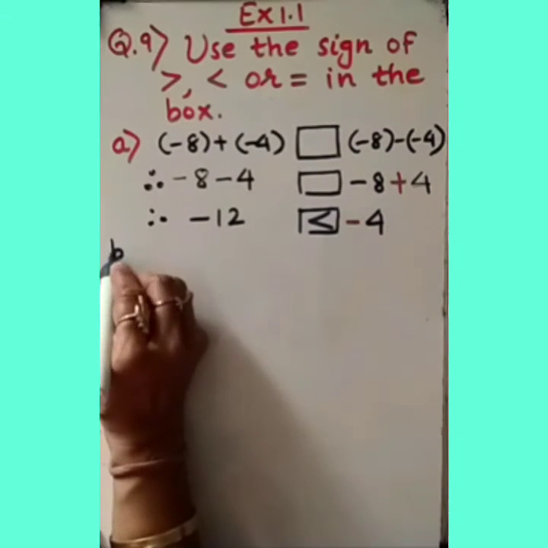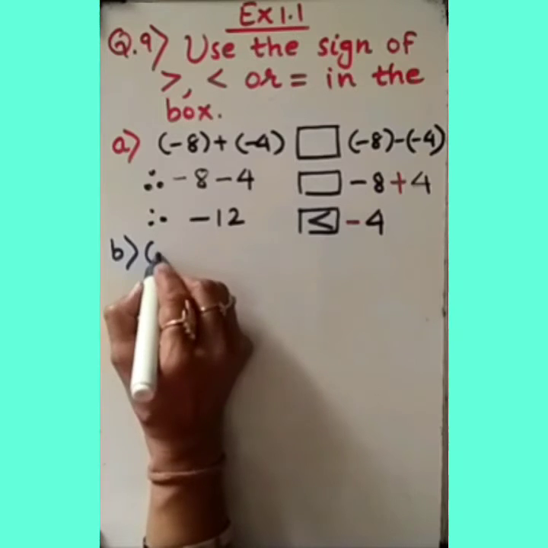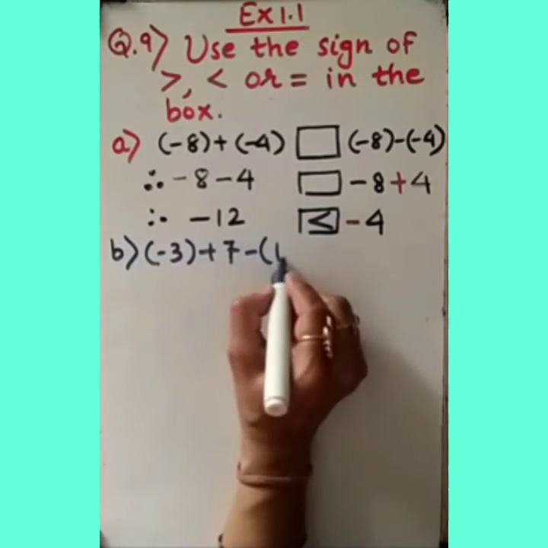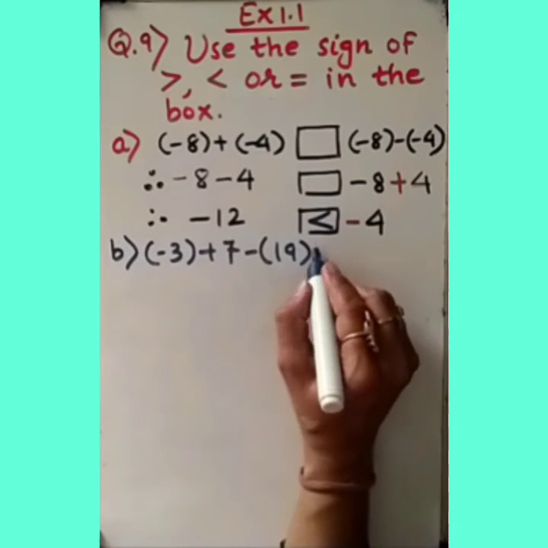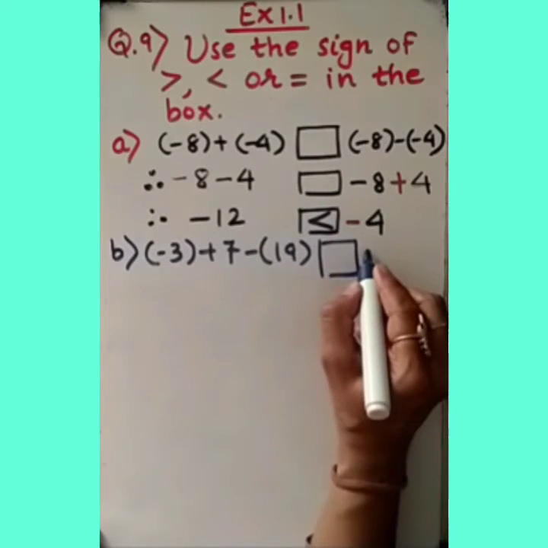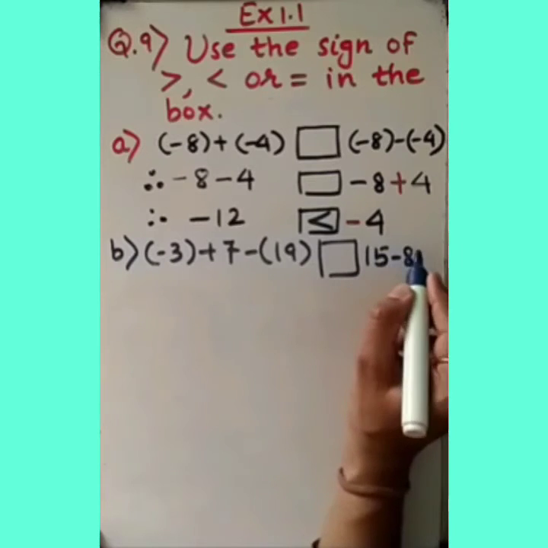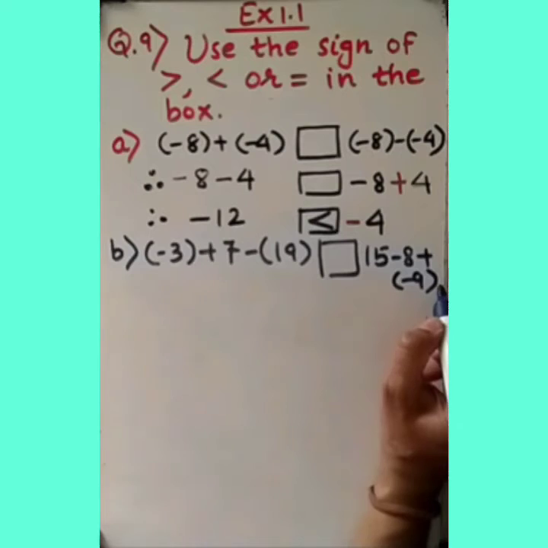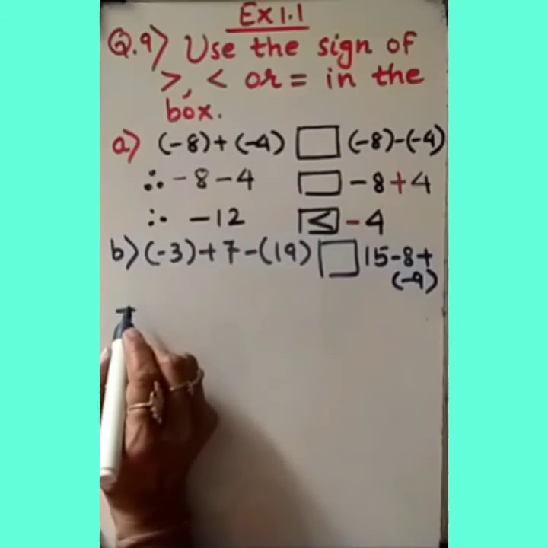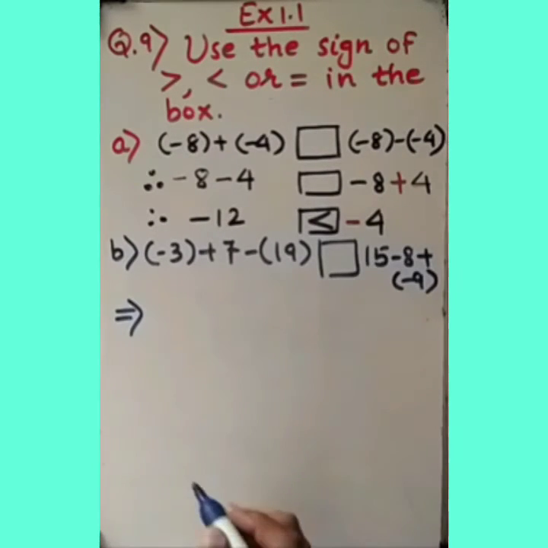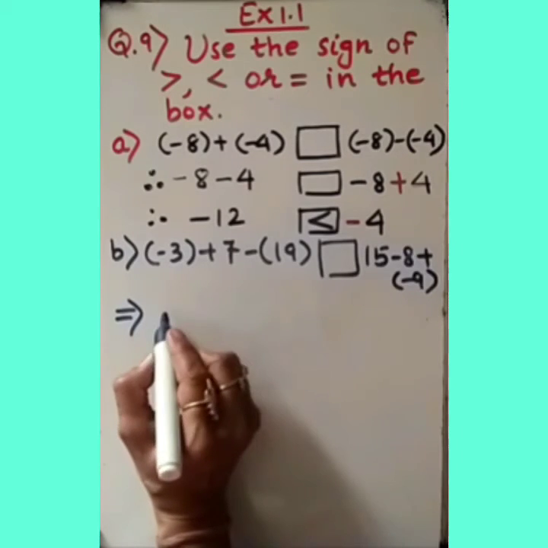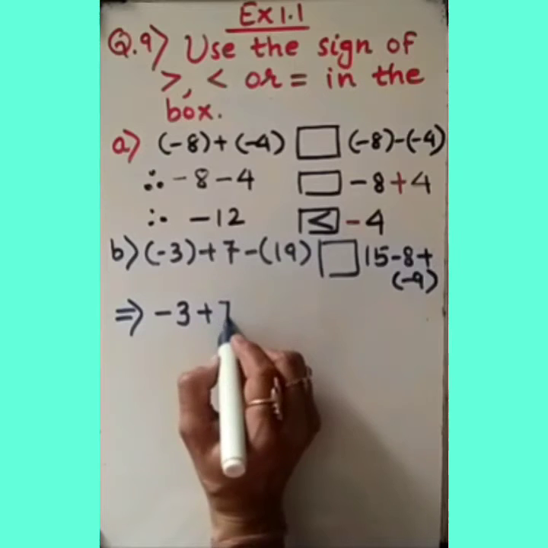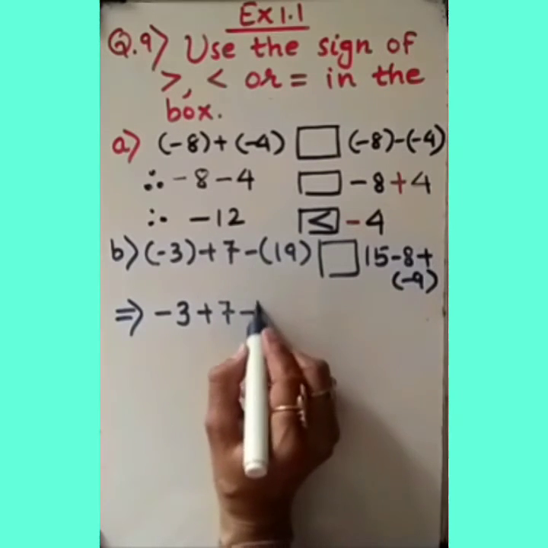Let's see the second the same way. Here we are given -3 plus 7 minus 90, and in a box, then we are given 15 minus 8 plus minus 9 in bracket. This is the question, so let's simplify. How to solve? Start. -3 is already there, so let it be as it is. Plus 7, this indicates minus 90.